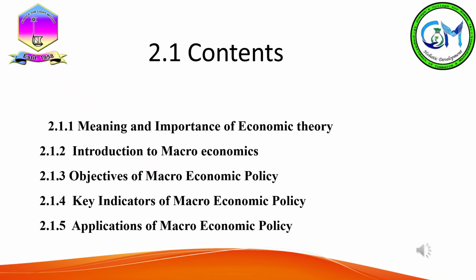The content of chapter 2.1 are meaning and importance of economic theory, introduction to macroeconomics, objectives of macroeconomic policy, key indicators of macroeconomic policy, and the last one, applications of macroeconomic policy.